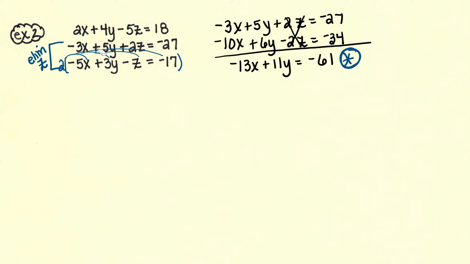Just as before, we've got to eliminate the same variable. So if I eliminated z the last time, I must eliminate z again using the one I haven't used in any other equation. I'm going to use that bottom equation. Once again, it's very important that the eliminated variables match so that our stars can match.